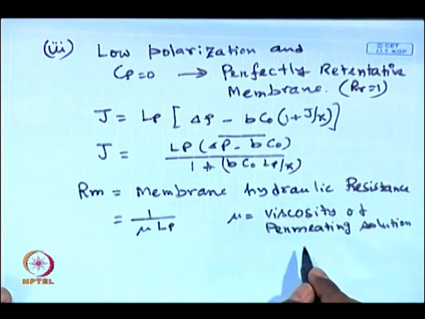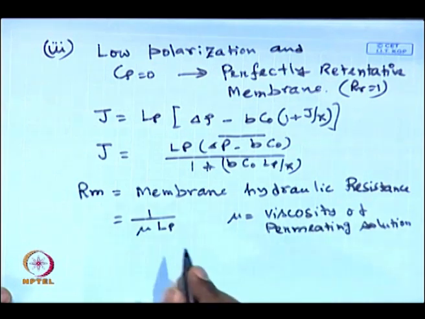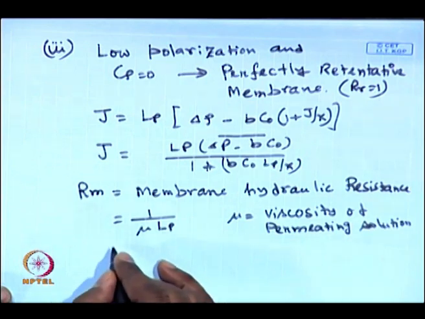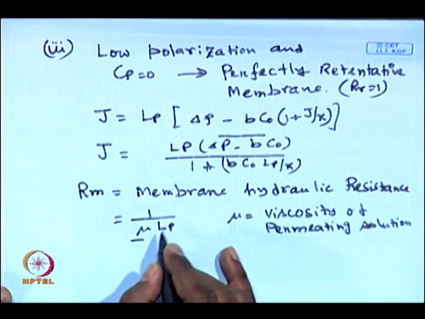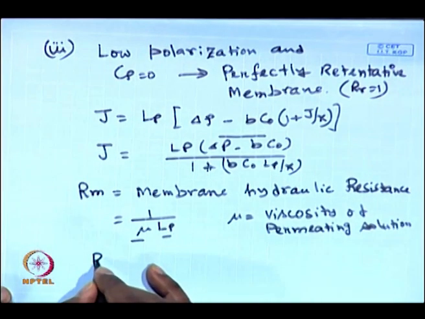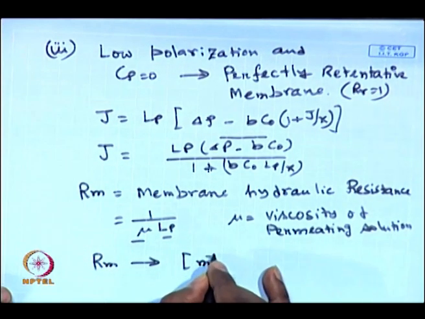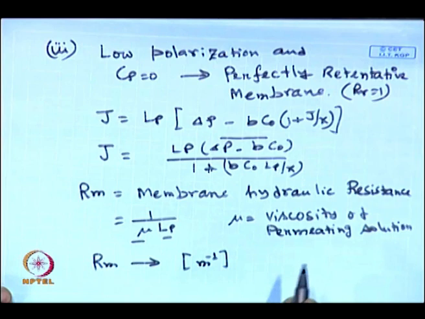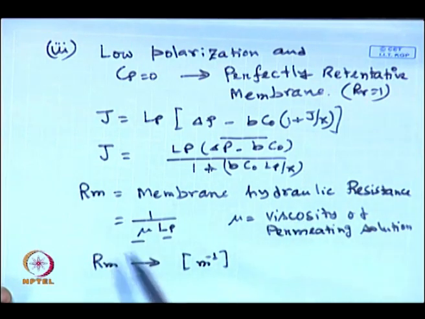In most cases, permeating solutions are very dilute, so the viscosity will be close to the viscosity of water. From the units of mu, Pascal second, and of Lp, one can conclude that Rm will have a unit of meter inverse. So, that is the definition of membrane hydraulic resistance and its unit.